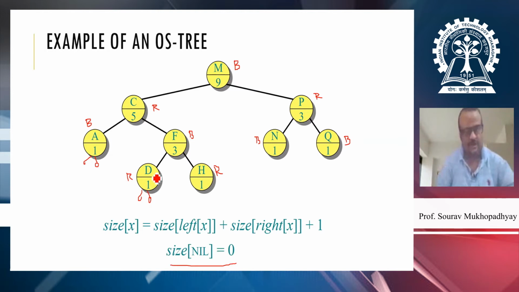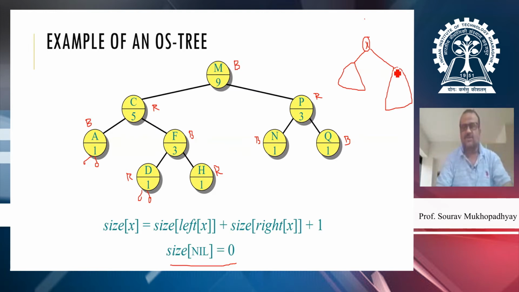Now what about the size of this node? So size is basically this formula. The size of a node X: if we consider a node X, this is the left subtree, this is the right subtree. Anyway, we don't know which one is bigger.